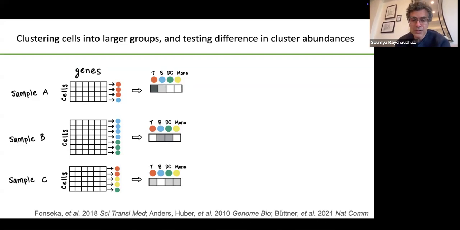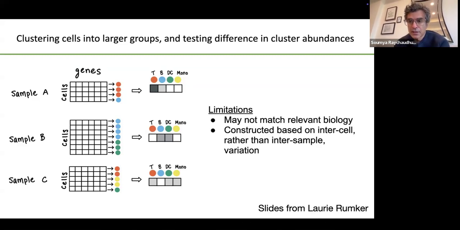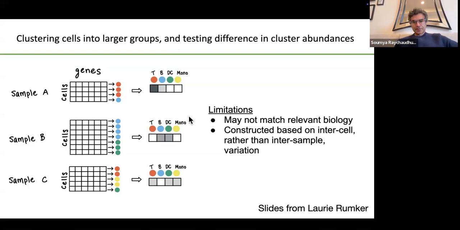So now you're doing an analysis at the cluster level. The limitation of this approach is it's hard to know if the clustering approach you use matches relevant biology. These clusters are constructed based on intercell rather than intersample variation. So you're grouping cells together without taking into account how they vary across samples.